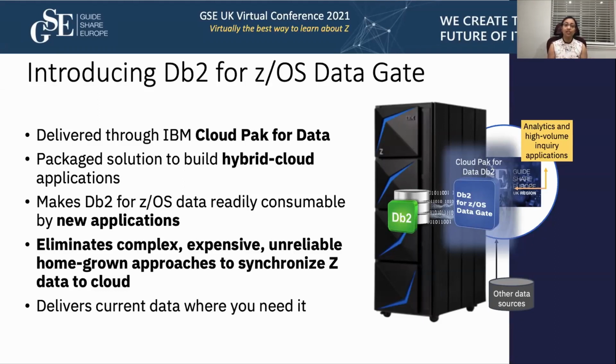Now, the claim that we have here, and I'm going to start covering this from a product perspective and then jump into the technology that powers this product, and I believe that is the meat of the presentation. And so, the claim here is Datagate makes data from Db2 for zOS consumable for cloud-based applications. What does that really mean?